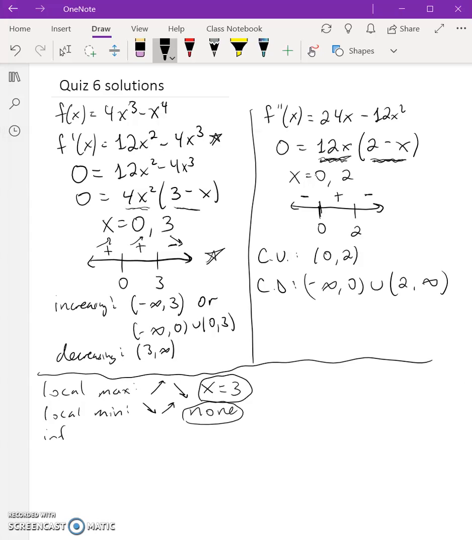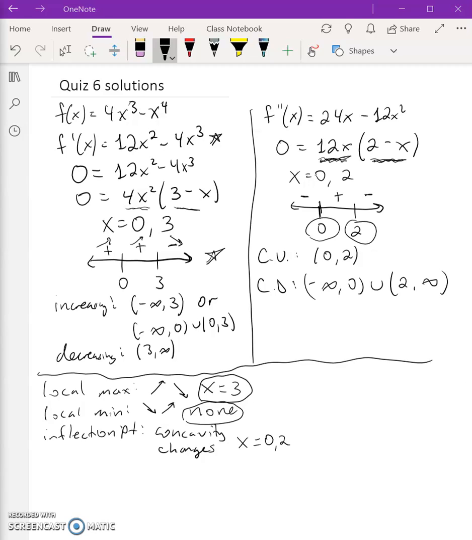Then if we look at question 7, we're looking for inflection points. Remember, an inflection point is not just where our second derivative equals 0, it's where concavity changes. If we look at this, we see concavity changes at both 0 and 2.